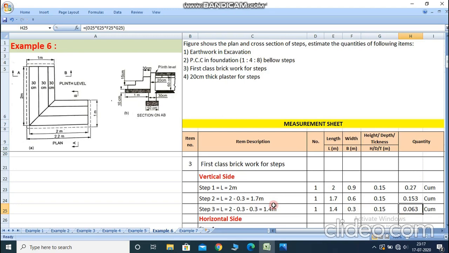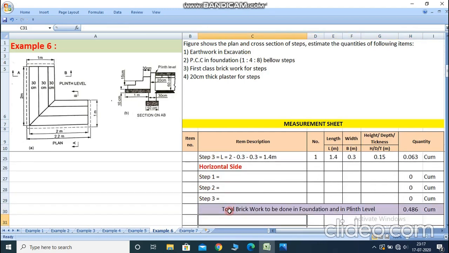Now we calculated first class brickwork for the steps on the horizontal side. So here horizontal side means this side. Here steps 1, 2 and 3 are also on the horizontal side. From this point to this point, length is already given as 2 meter. But this corner point, this square part, is already calculated in the vertical side.